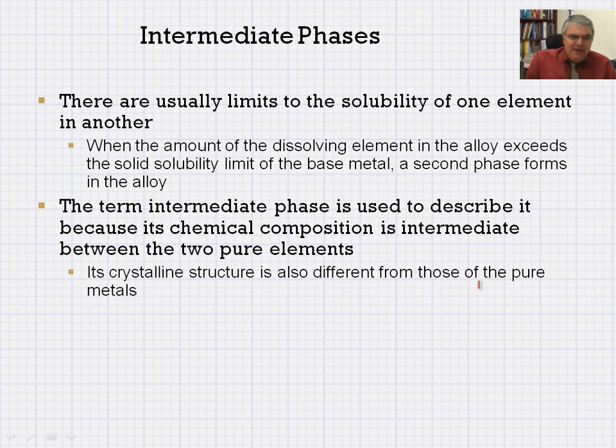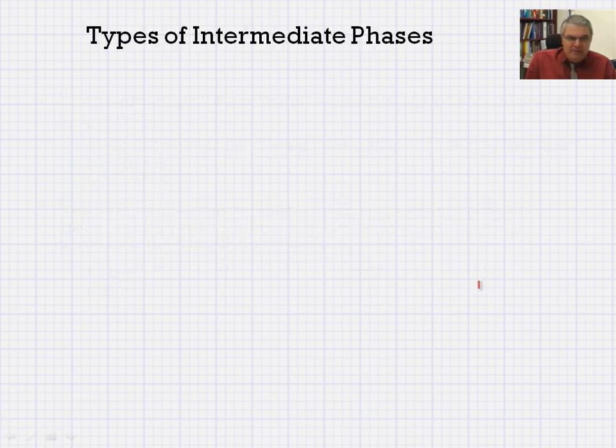As such, a second phase forms in the alloy, and we call that an intermediate phase. The intermediate phase is used to describe the chemical composition in the intermediate between the two pure metals. So it's neither nor. In this case, the crystalline structure is different from those of the pure metals.